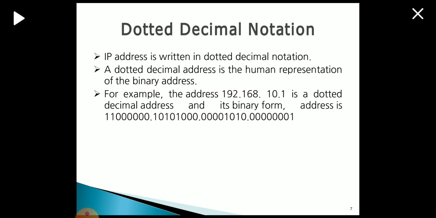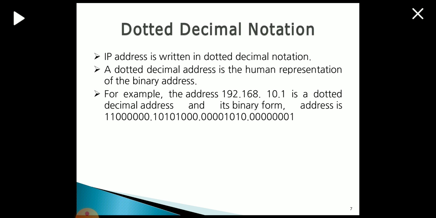Now, dotted decimal notation. An IP address is given in dotted decimal notation. A dotted decimal address is the human representation of the binary address. For example, we consider the address 192.168.10.1 as a dotted decimal address and its binary form is represented as 11000000 for 192.